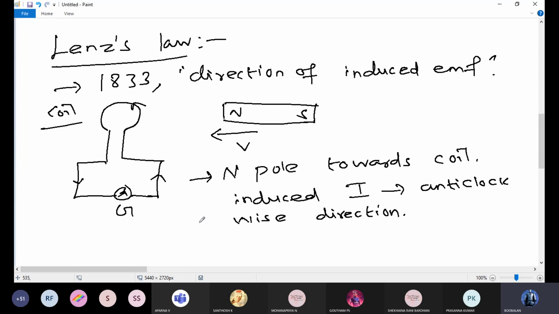See the arrow mark. This is in the anti-clockwise direction. Maybe a diagram-based question will also come, where they give only the diagram. Based on the diagram, if the north pole is moving towards the coil, then the current direction is anti-clockwise. First condition.